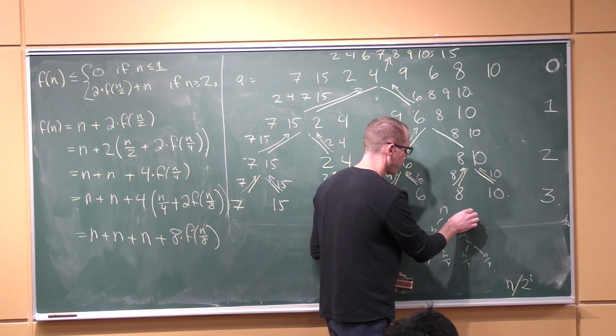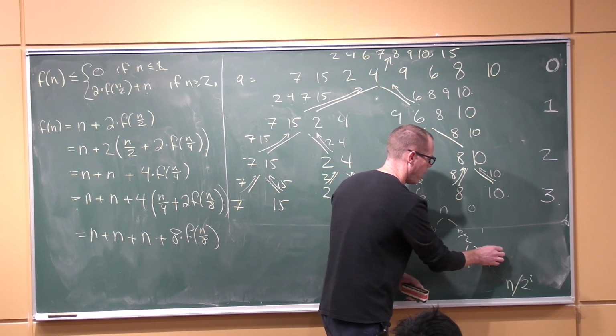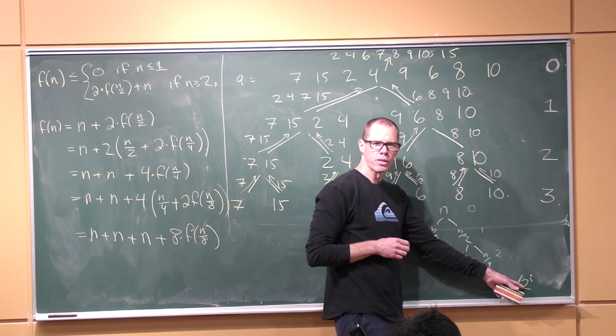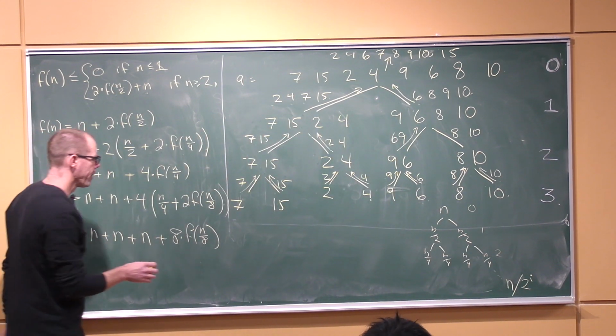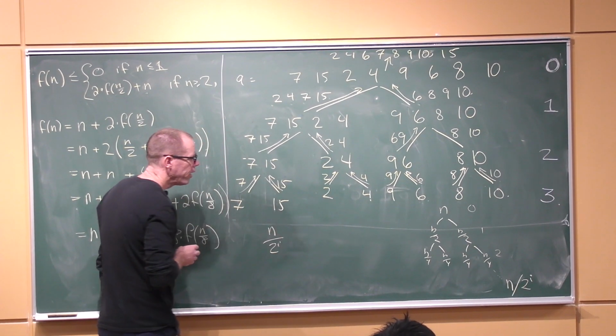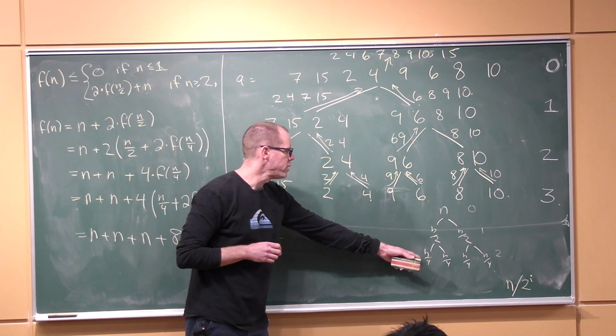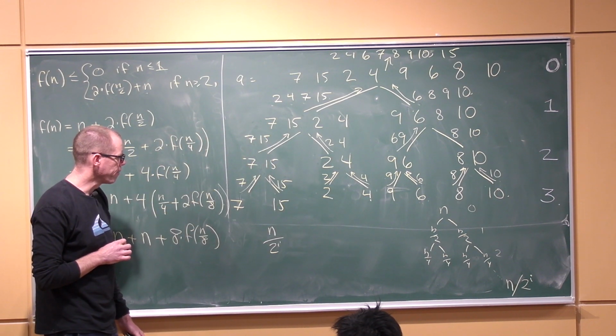And now this is with i equals 0, i equals 1, i equals 2. And in general, it's going to look like this, right? So n divided by 2 to the i is the number that I see at depth i in this tree.